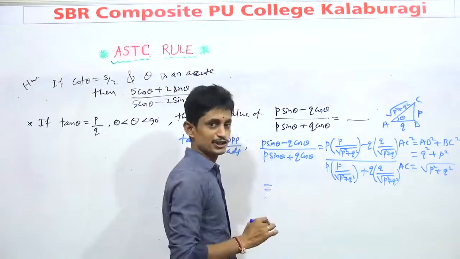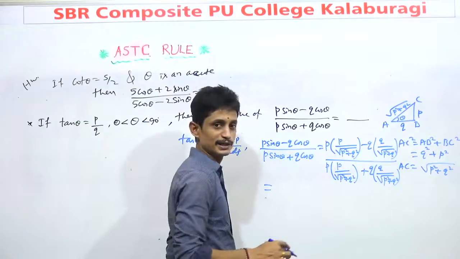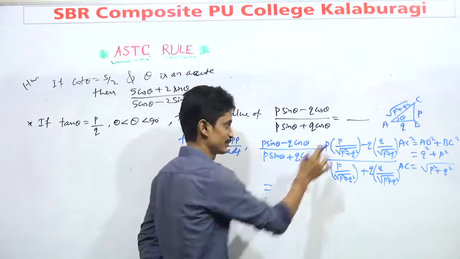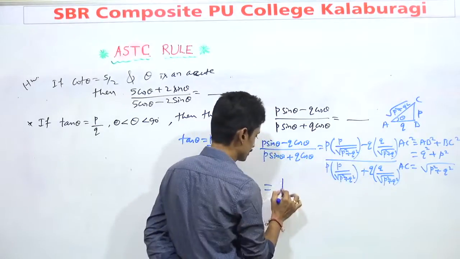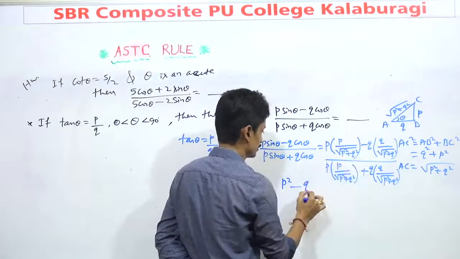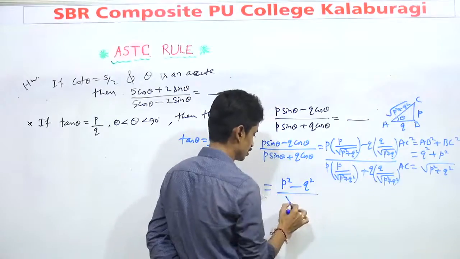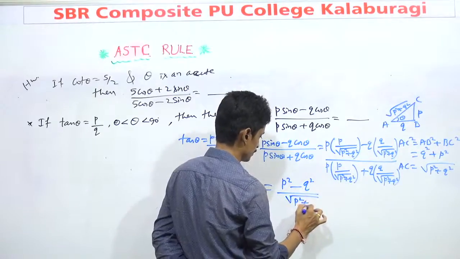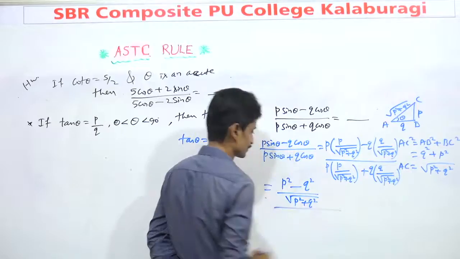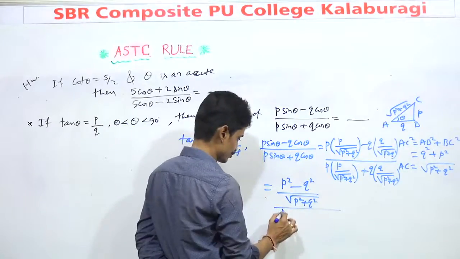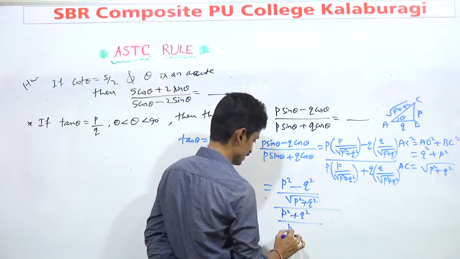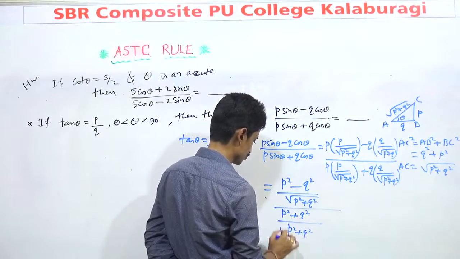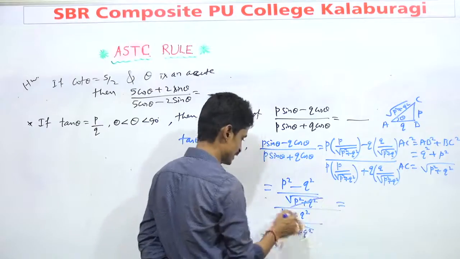Now simplification is very easy because of the denominators. When denominators are the same, you can add or subtract numerators depending on the symbol. p into p is p square, q into q is q square. Denominators must be the same, p square plus q square, and these two cancel.